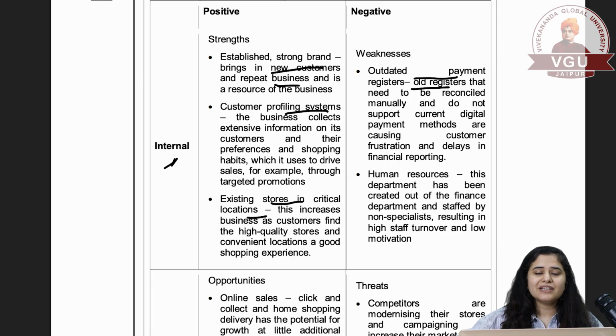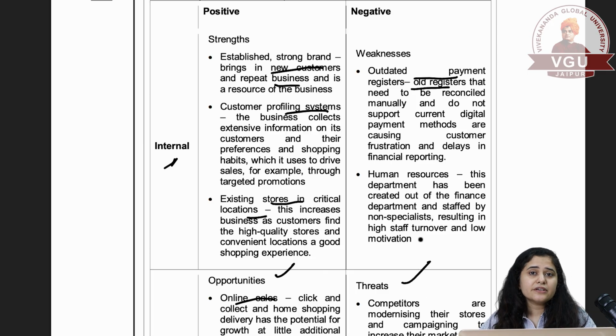But if we talk about the external environment, that means the opportunities and threats. So what are the opportunities? If we have online sales in our supermarket chain, or we have good financial services to offer, better insurance, better financial products. What can be the threats? Threats can be the competitors who are modernizing their stores as compared to us.